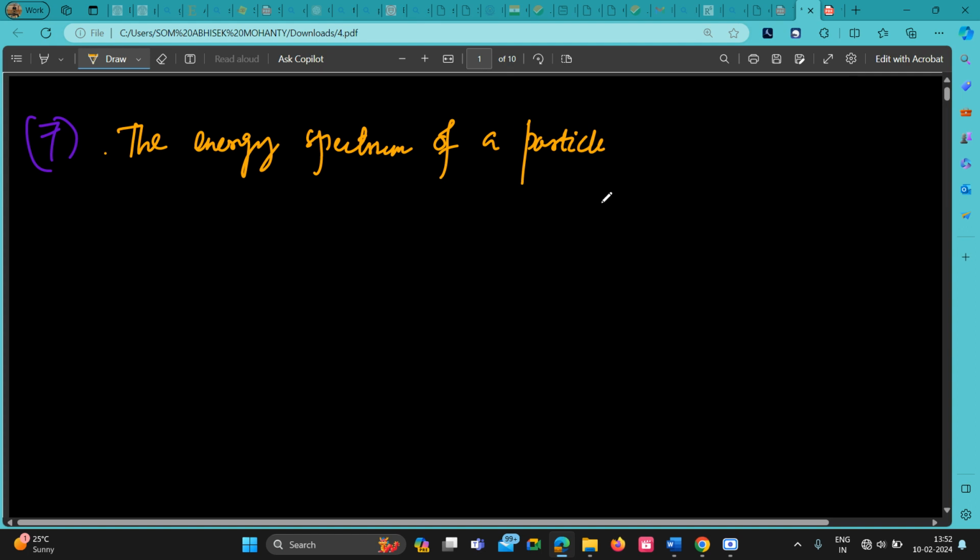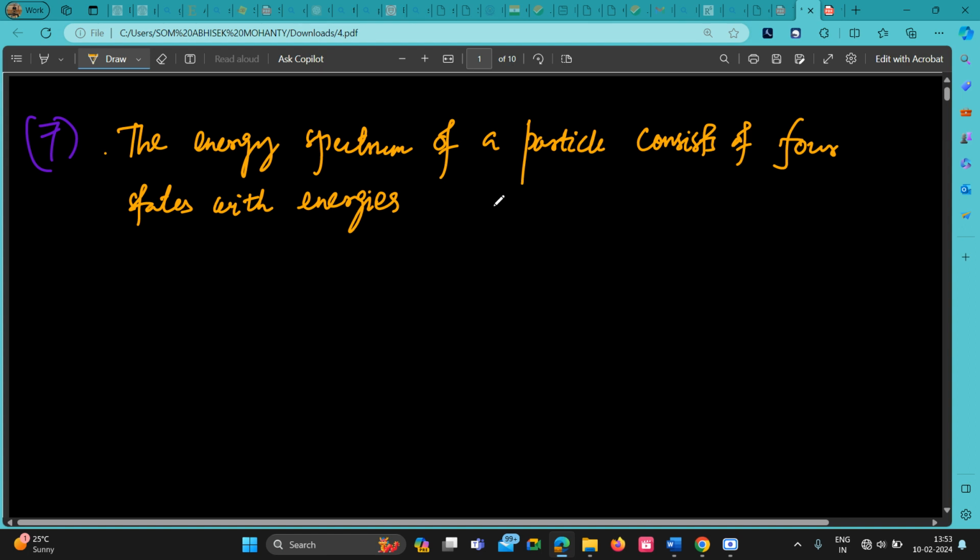Question number 7. The energy spectrum of a particle consists of four states with energies 0, epsilon naught, 2 epsilon naught, and 3 epsilon naught.